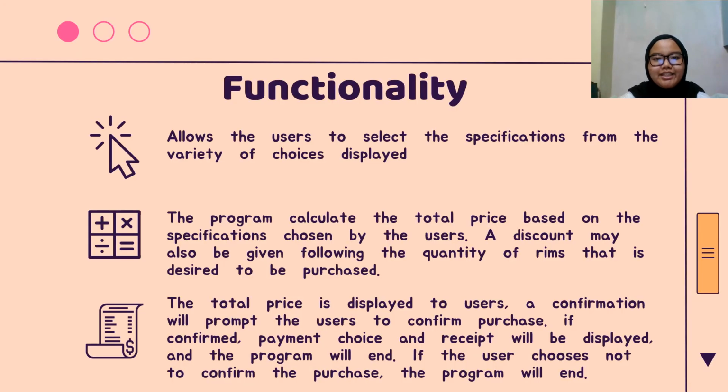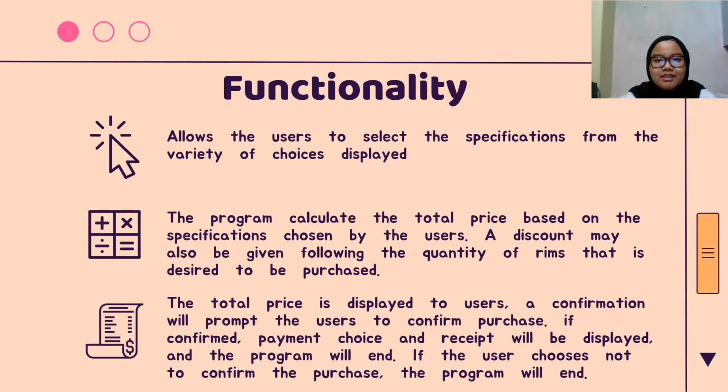By using the knowledge gained from our structured programming and database course, we were able to complete this program. The program accomplishes its purpose by allowing users to select the type of vehicle model that they wish to purchase the rim for. Next, users have to select the specifications of the rim, such as rim size, rim material, rim color, and finally key in the desired quantity of rims.